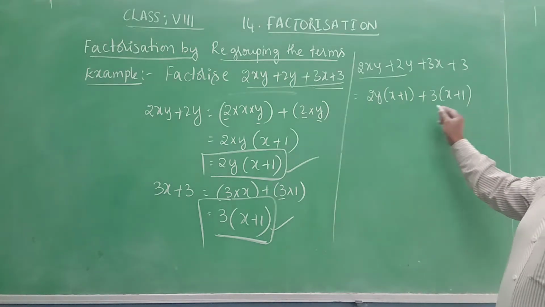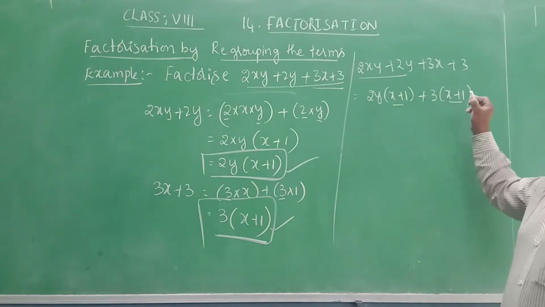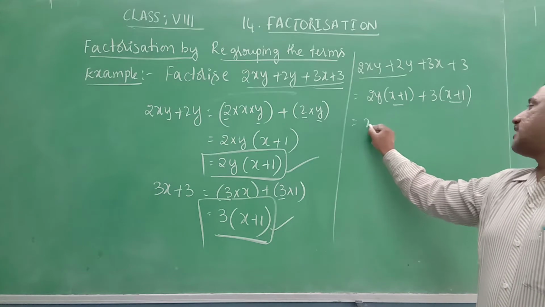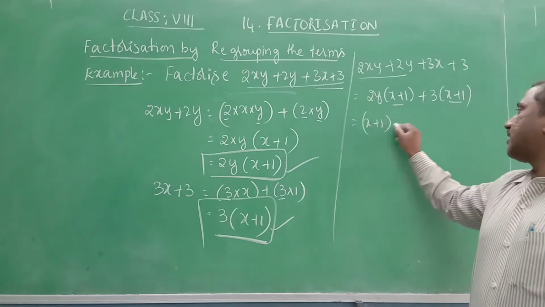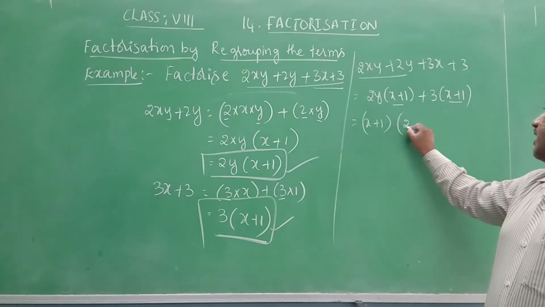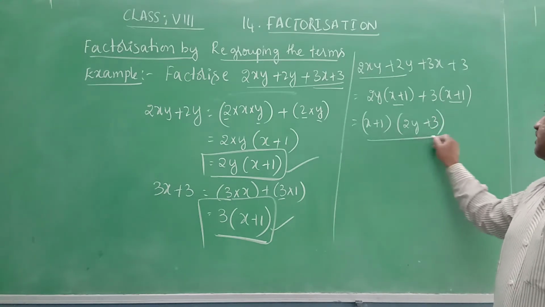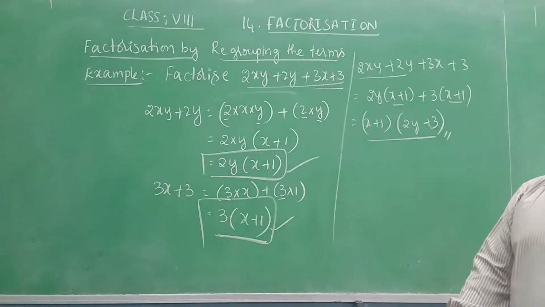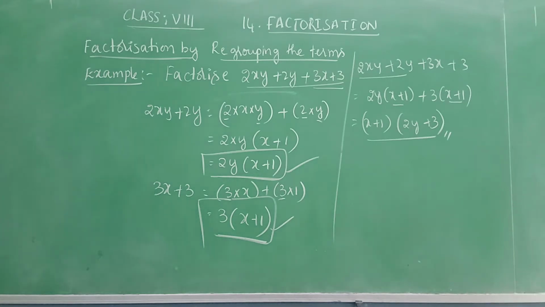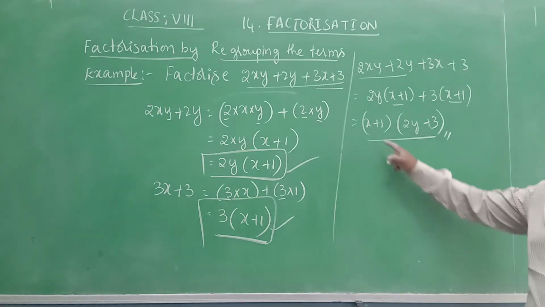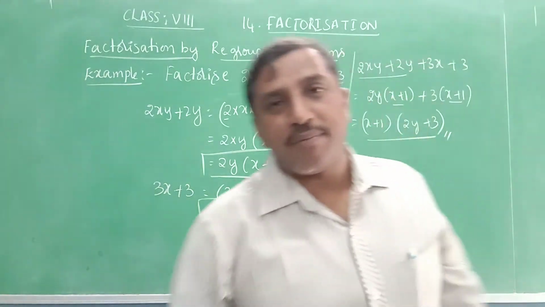Out of these two, x plus 1 is common. So you take x plus 1 common, and what is left is 2y plus 3.